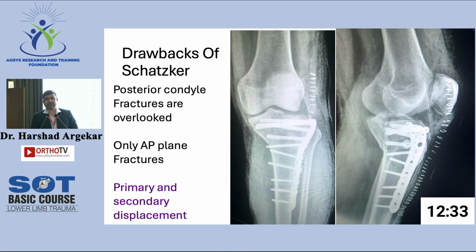That was primary displacement. Secondary displacement is when you have somehow maintained it, but later some metaphyseal collapse happens and the reduction is lost. With only X-ray classification, you would end up with either primary or secondary displacement, when you did not have locking plates or anatomical plates, which are now available.